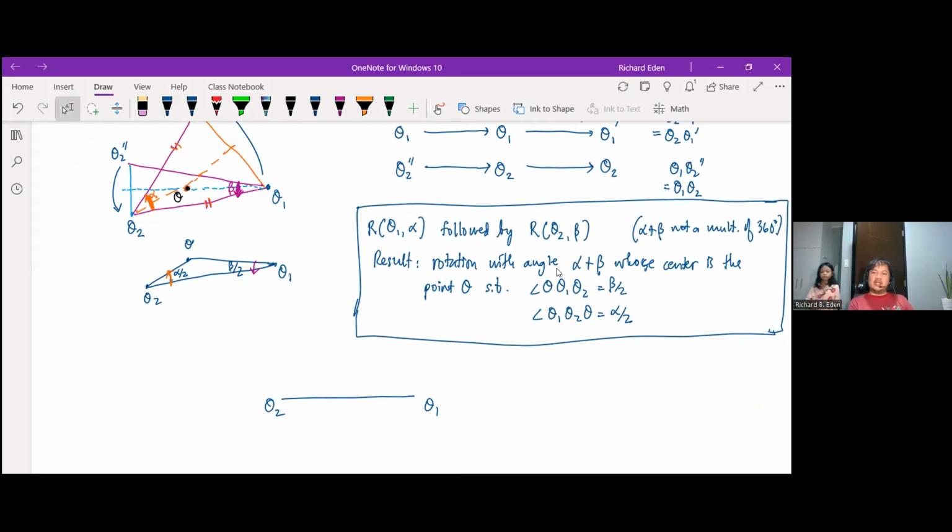So if you're just gonna look at the angles, the angle conditions, merong two possible candidates for O eh. So pwedeng, kasi kung kunwari, this is beta over 2, beta over 2, and then this is alpha over 2, alpha over 2. But the thing is, isa lang dapat dyan ng actual center. Alright, so we'll discuss that next time.